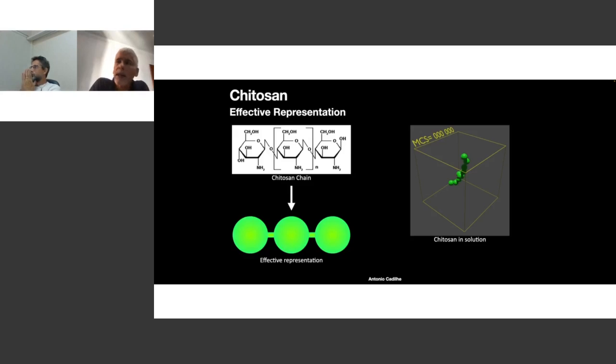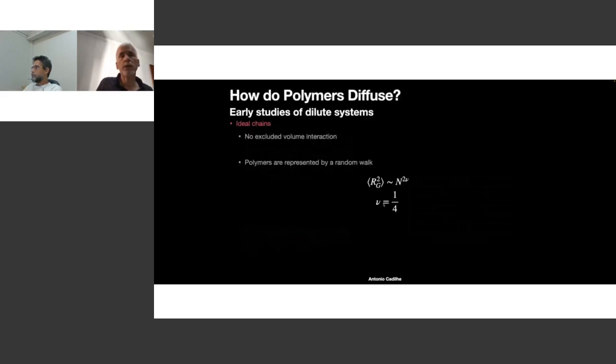On the right side, we can see a possible state of the polymer inside the box. This is for work on the bulk. Since we are working at some temperature, polymers have to diffuse.